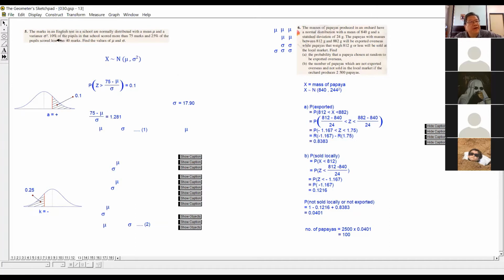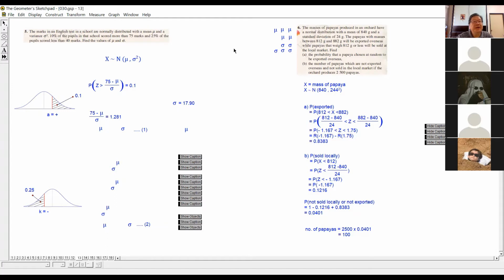The first piece of information given is that 10% of the pupils score more than 75. It means that the probability of getting more than 75 is 0.1.